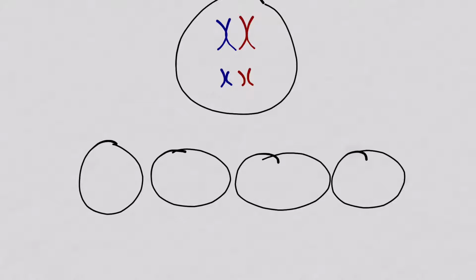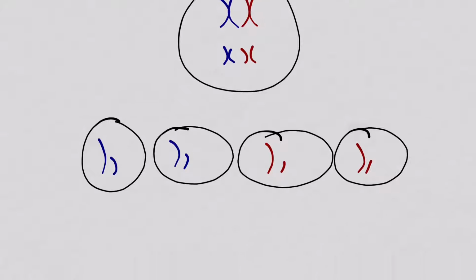If the chromosomes line up this way on the metaphase plate, all the resulting gametes will look like this.